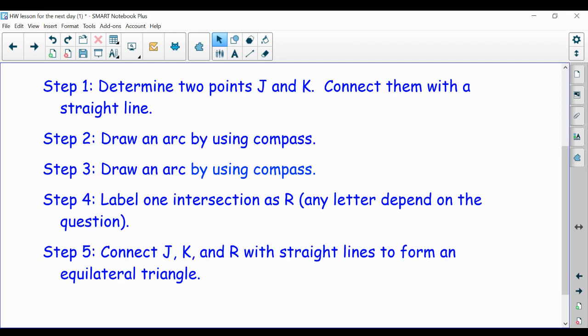Step three, same thing, the needle goes on one end point, the pencil goes on the other end point, and draw the arc. Step four, as long as you see the intersection, you can stop your circle. And the last step, you connect those 3 points, the intersection point and the two end points on the line. That's it.